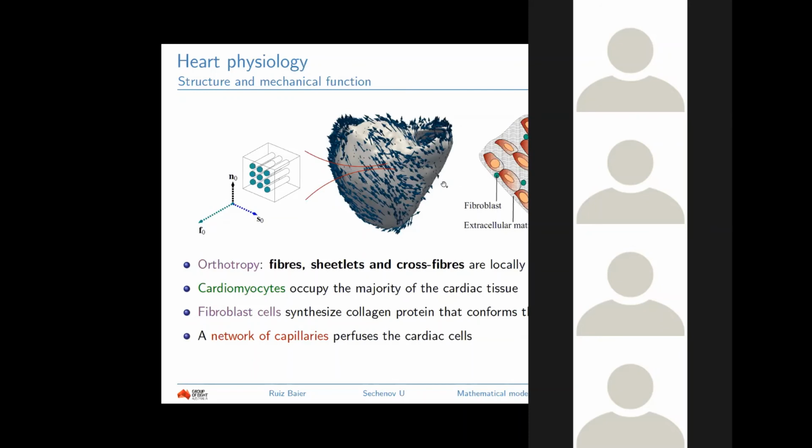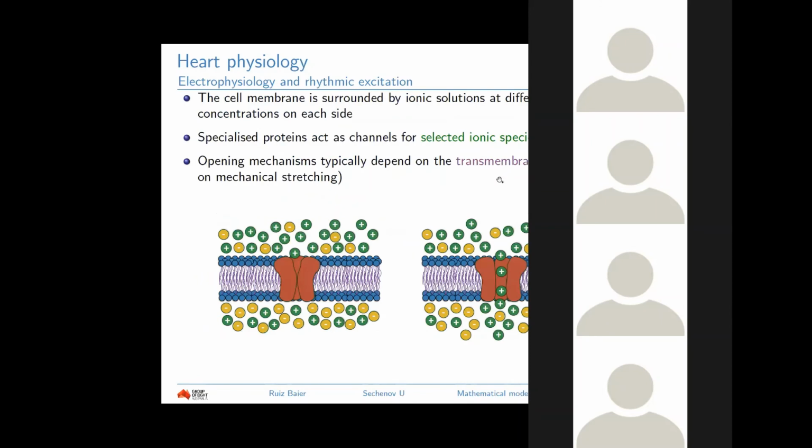If we zoom in, we observe that in those fibers there are cells, and those cells have a specific alignment. And not only cells, but we also have a network of tissue outside of the cells and other kinds of entities that produce collagen. That's at the mechanical level.